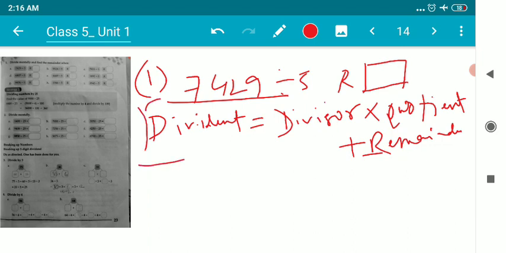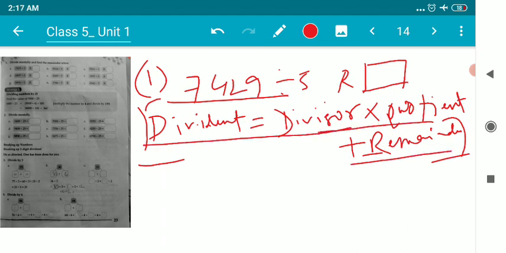This is the rule of any division in the world. Whatever division you find, it always supports this formula. So here, dividend is equal to divisor into quotient plus remainder.